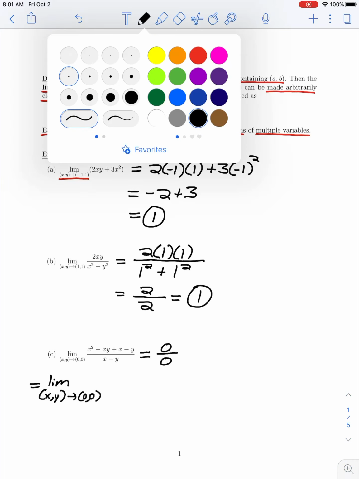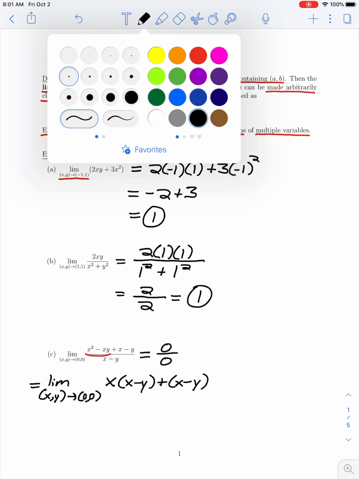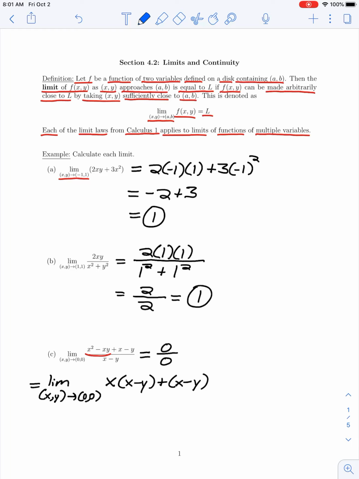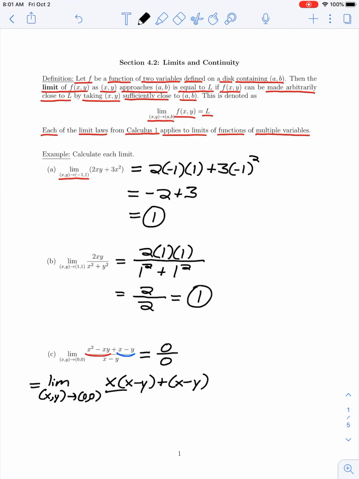In the numerator, these first two terms, x squared minus xy, I noticed that I could factor out an x from, and that would leave me with x minus y. And then I'm adding x minus y. So after I factor out x from the first two terms, I've got an x minus y, and then I'm adding this other factor of x minus y, and the entire expression was being divided by x minus y.